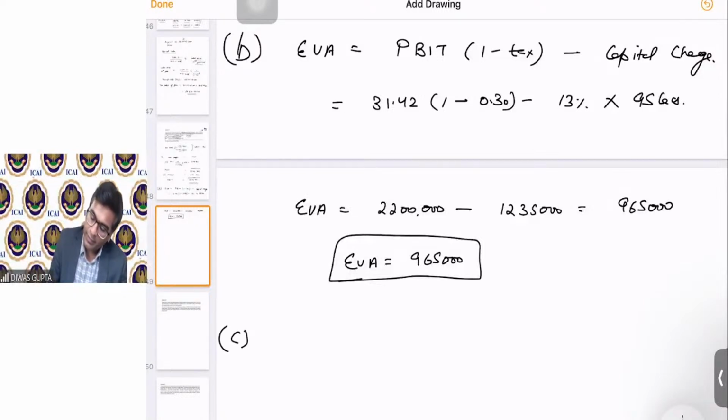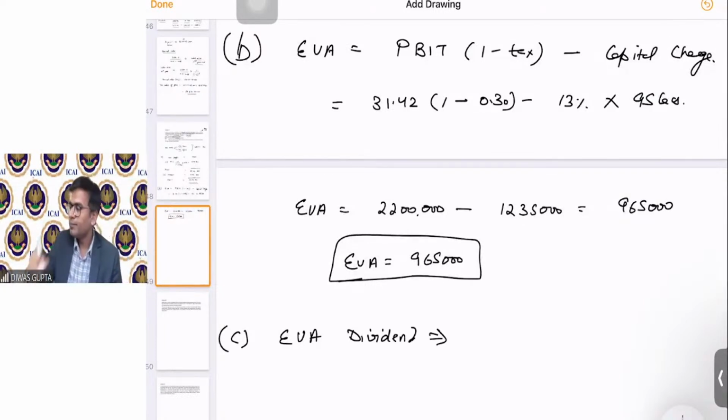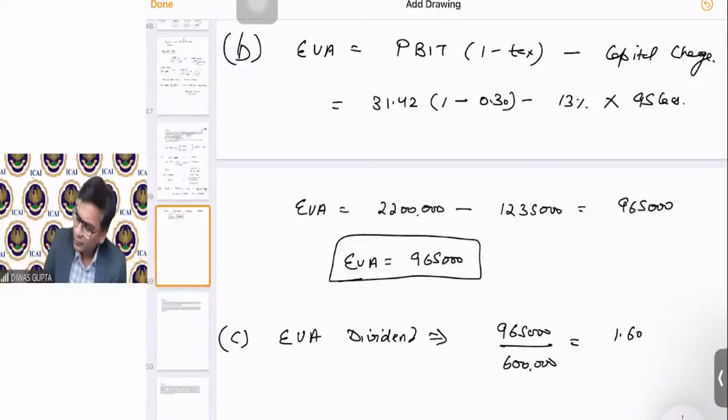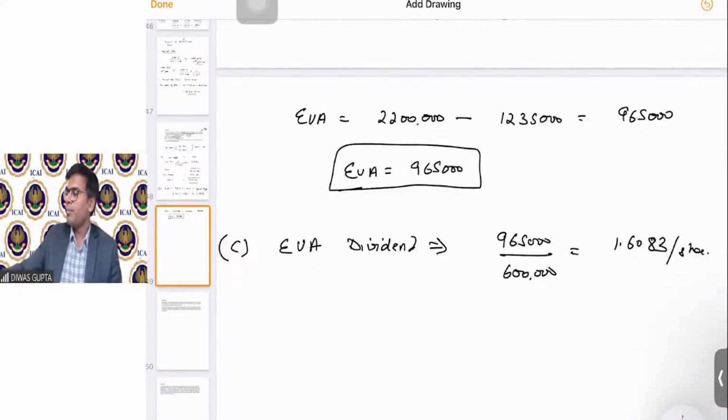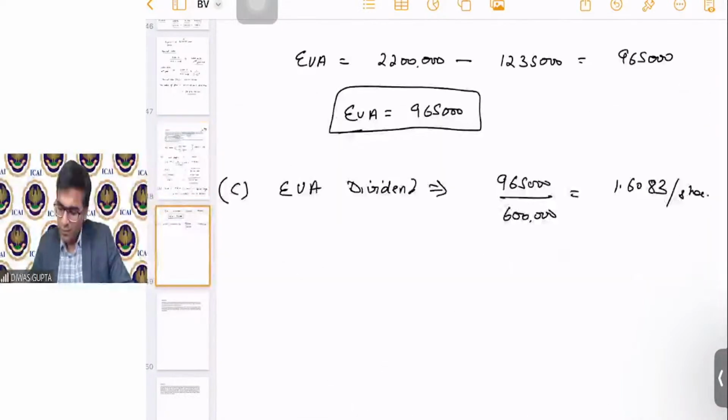So EVA dividend will be 9,65,000 divided by 6 lakhs shares, right? So 1.6083 per share. So the maximum dividend that we can pay before our value of the firm starts declining is 1.6083 per share, students. Okay.